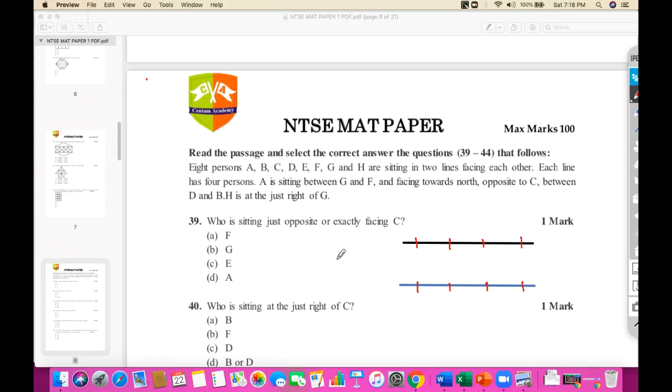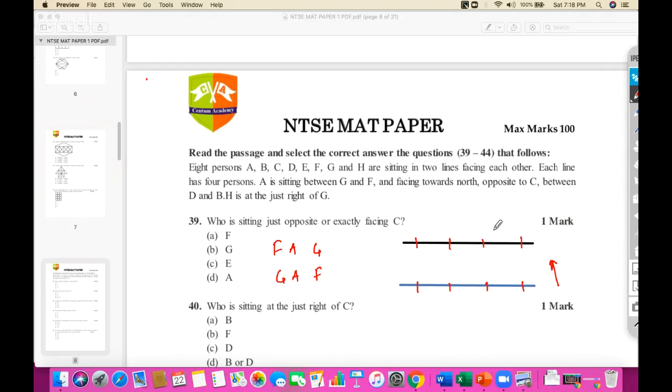And A is sitting between G and F, so it can be A, G, F, or G, A, F, something like this. And facing towards north, it means that they are facing on this side.